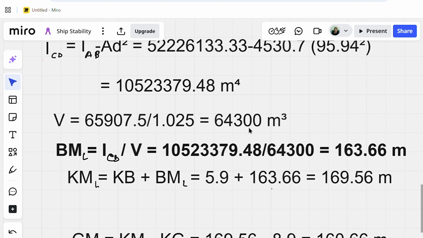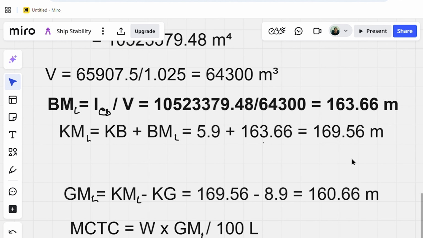Underwater volume is 64,300. So I get 163.66 meter as the longitudinal BM. KML is KB plus BML. KB is given in the question, 5.9. BML we just found, 163.66. So KML is 169.56 meters.